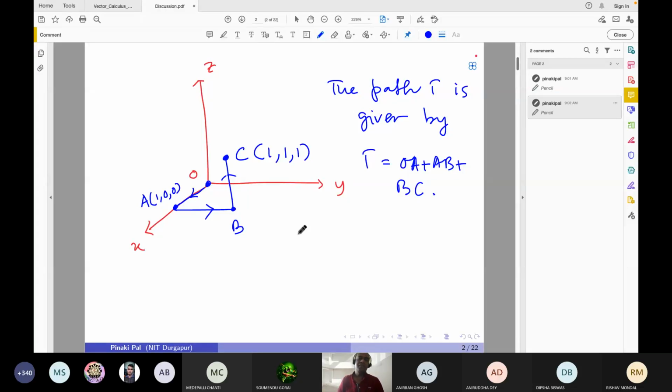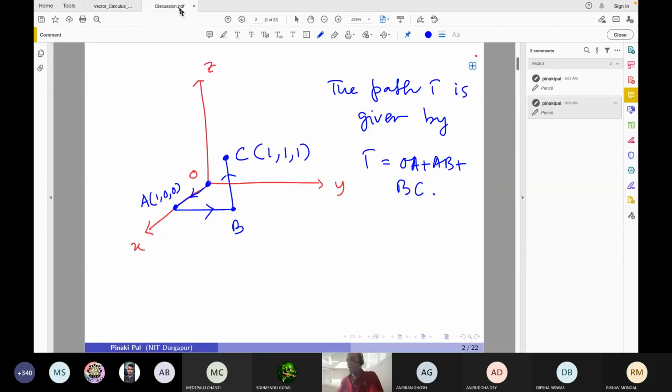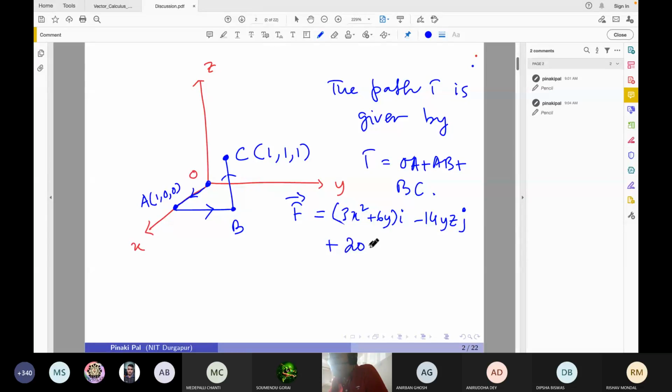So the line integral: this is the vector field F equals 3x square plus 6y i, minus 14yz j, plus 20xz square k. Yeah, so this is the vector field.